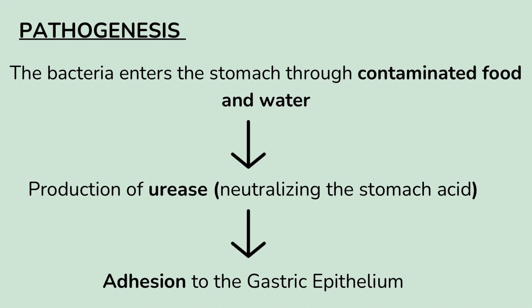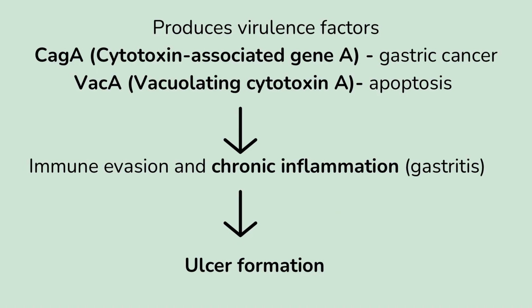After neutralizing the stomach acid, Helicobacter pylori attaches to the epithelial cells of the stomach lining using specialized adhesion molecules. This adhesion helps the bacteria to avoid being flushed out by the stomach's mucus or peristaltic movements.